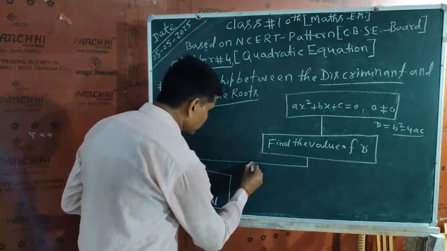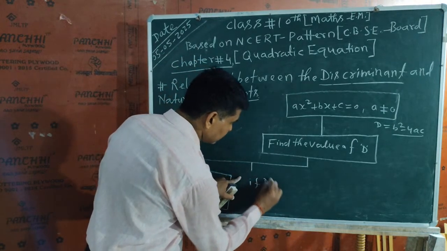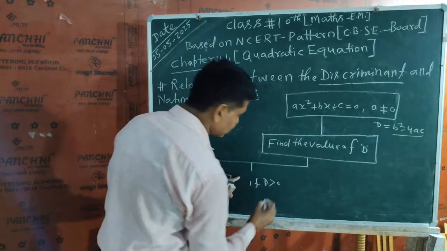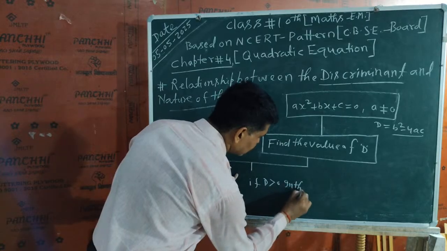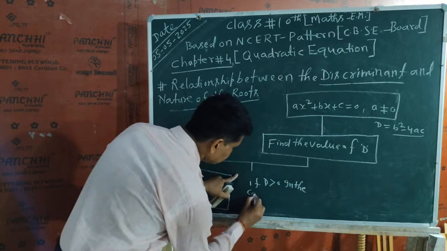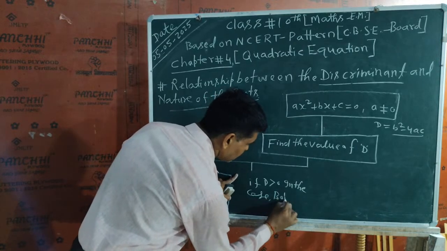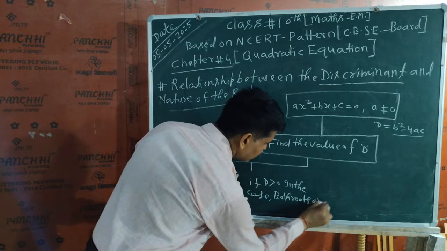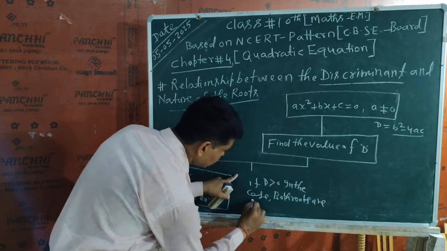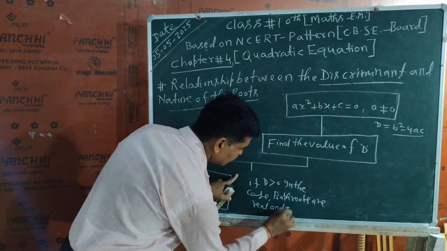Now here I am going to explain condition number 2. If D is greater than 0, in this case I will say both roots are real and distinct.